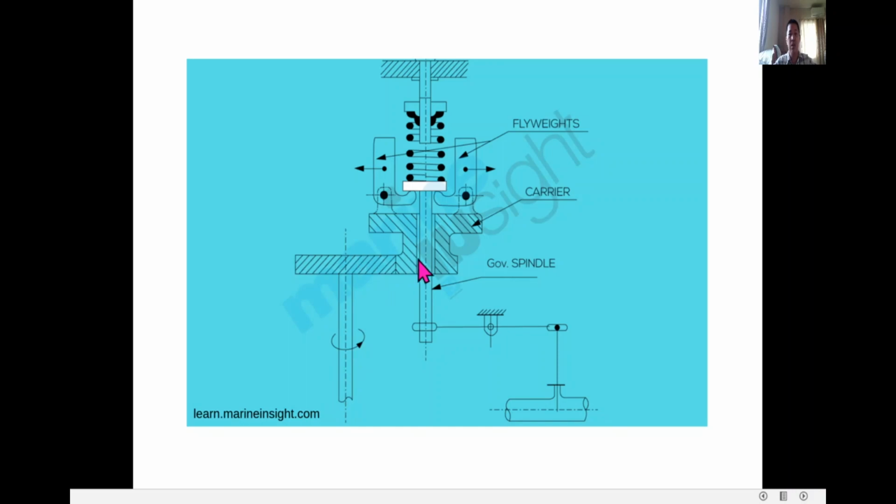If the engine is turning fast, this flyweight is rotating fast and it will reduce the fuel. And if this drive is rotating slow and this flyweight is rotating slow, it will add more fuel. So let us proceed.